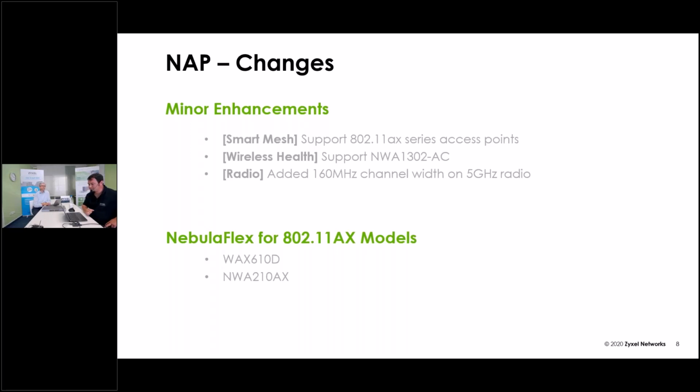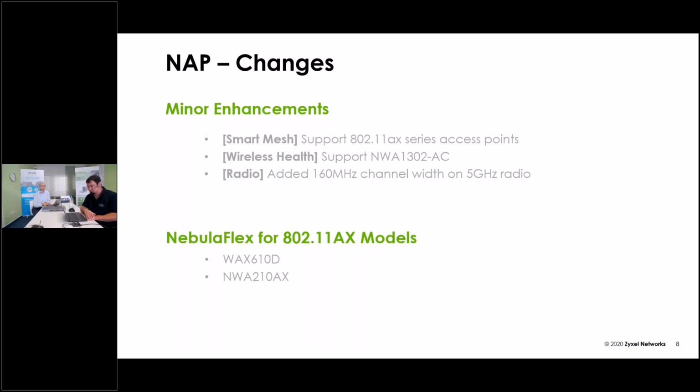Okay. Looking into the minor enhancements, we first have Smart Mesh. Smart Mesh is now supported by a lot of the 802.11ax series access points, if not all of them. There's also a model list on Nebula where we have all the information needed. On wireless health, we also now support the NWA1302AC access point.